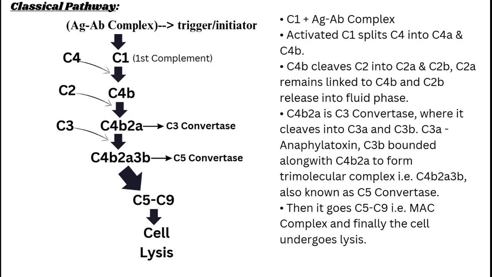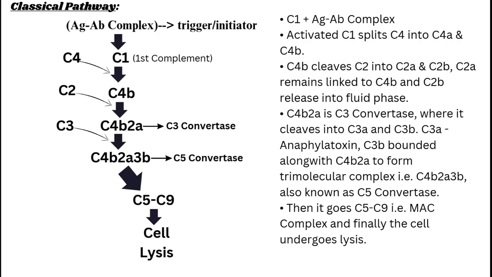So what's the new complement now? It's C4b2a, and this C4b2a is also known as C3 convertase. Now you tell me, why is it considered a C3 convertase? Because now this complement, C4b2a, will cleave C3. The one that cleaves C3 is considered the C3 convertase. And in the same way, the one that cleaves C5 will be considered the C5 convertase.